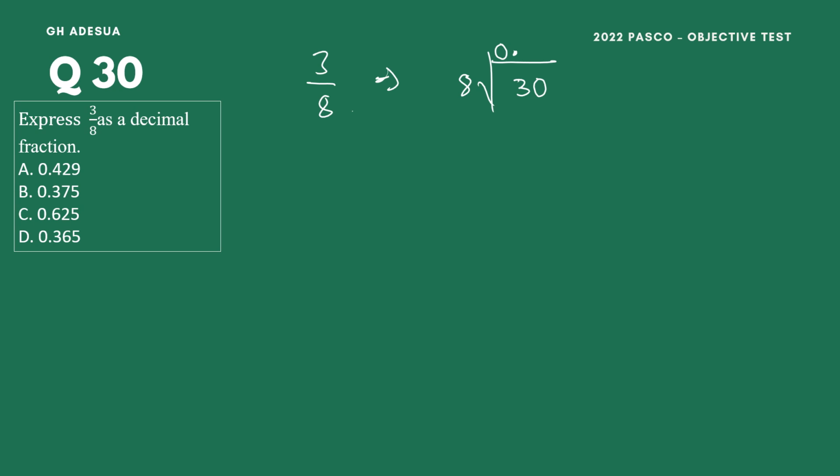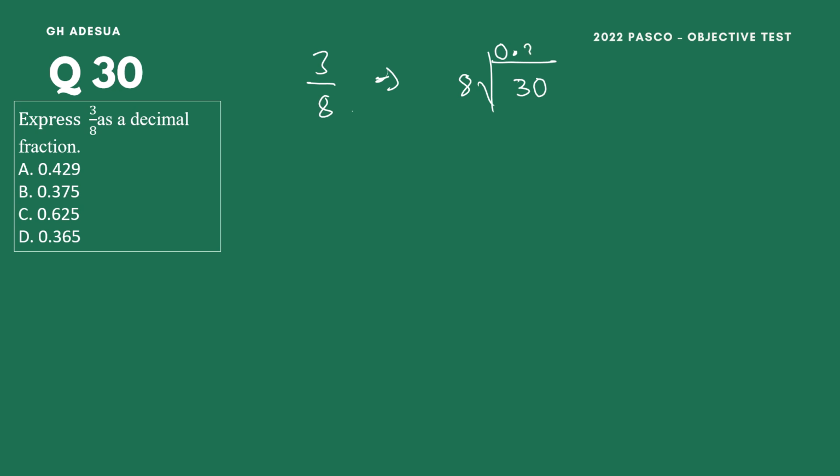The number of times 8 goes into 30 is 3 times.